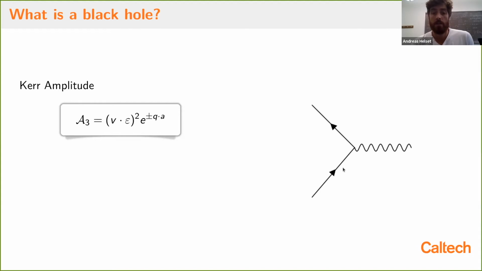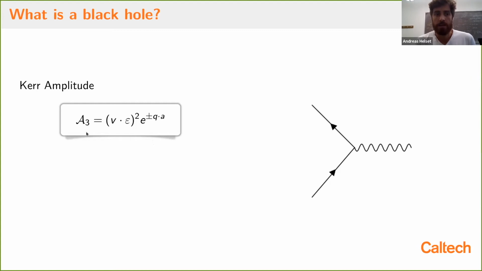So this is encoded in the scattering amplitude between these 3 points: one incoming massive particle, one outgoing massive particle, and one graviton. It takes the form on the left here. You have this prefactor, which is the amplitude of a scalar coupled to gravity, times the exponential of q, which is the momentum of the graviton, dotted into the spin of the black hole, or the ring radius in this case, of the black hole.